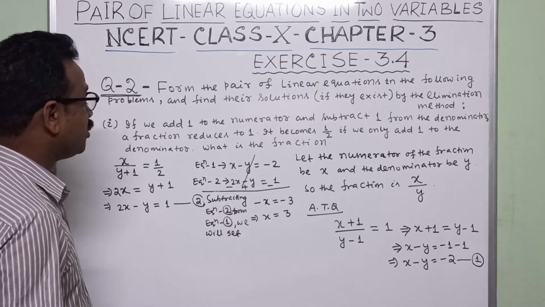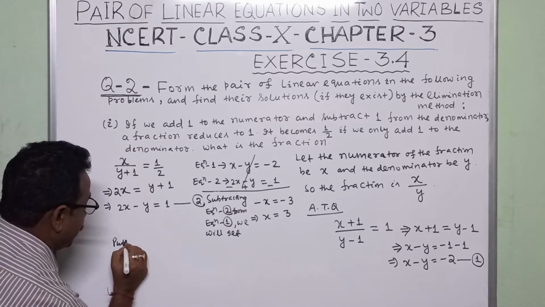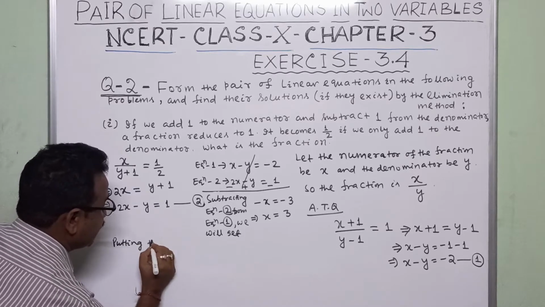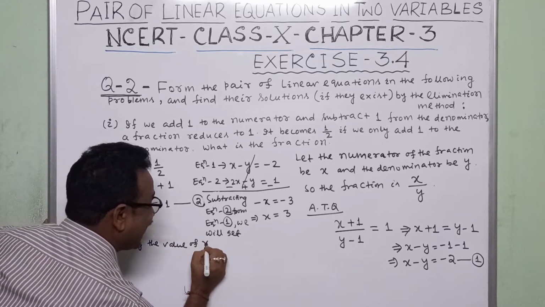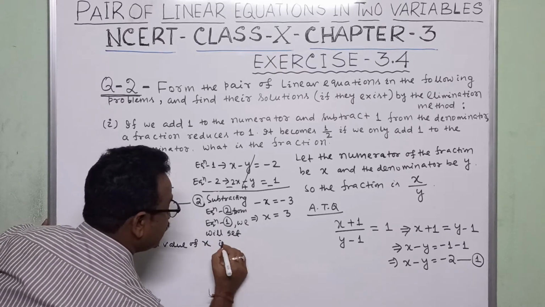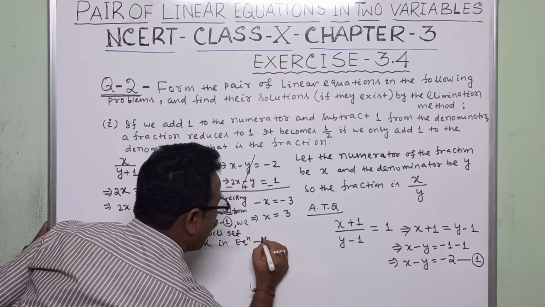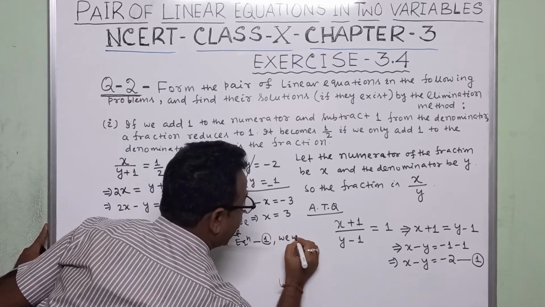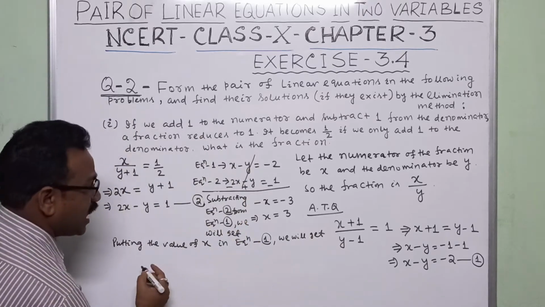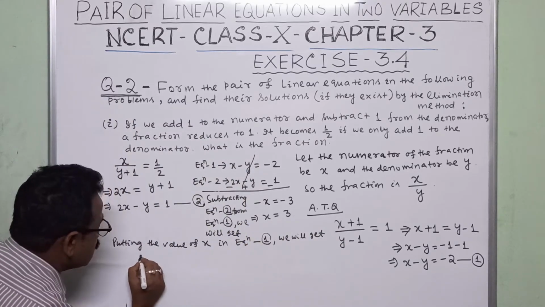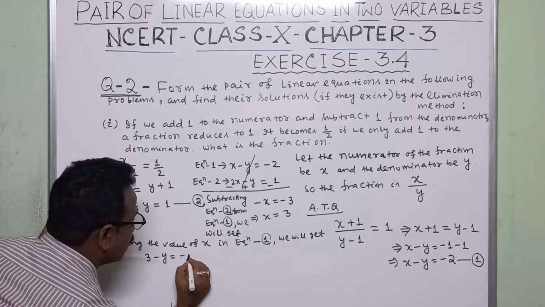Now we have to find out the value of y. So putting the value of x in equation 1, what will we get? x is here 3, so 3 minus y is equal to minus 2.